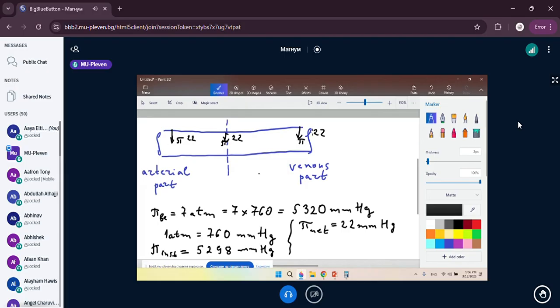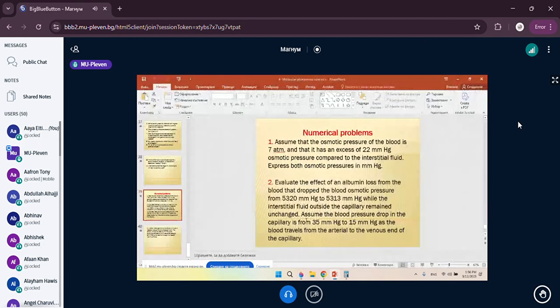So that's why in this case we talk about a kind of hydrostatic pressure considering the heart the reference location or position.